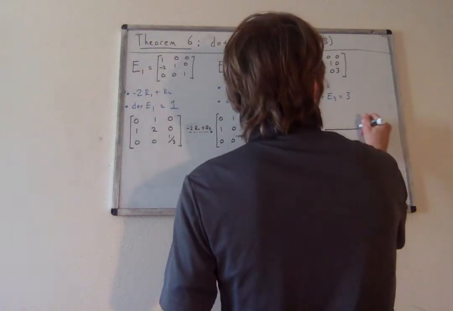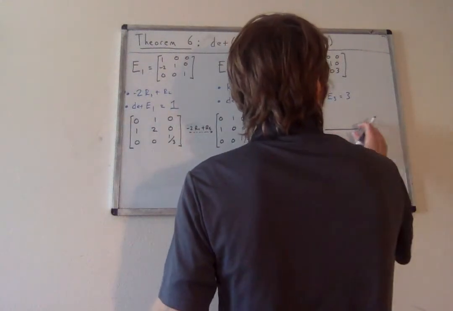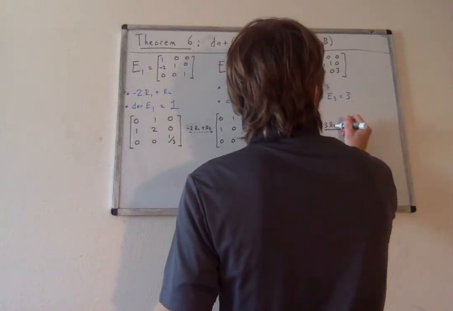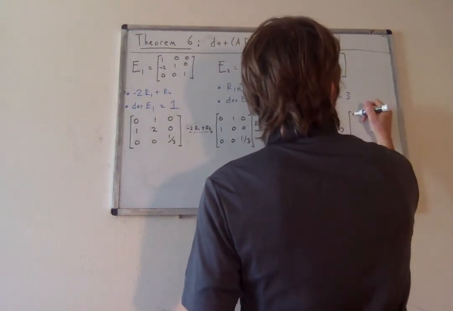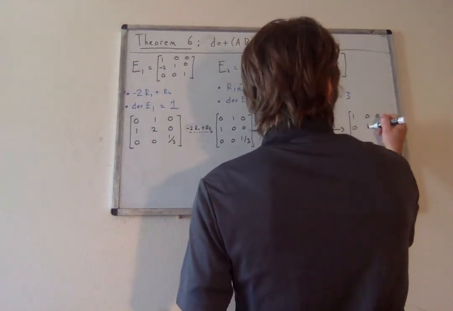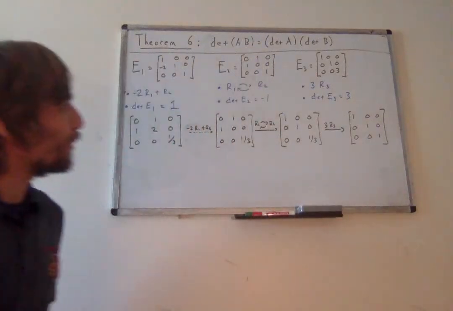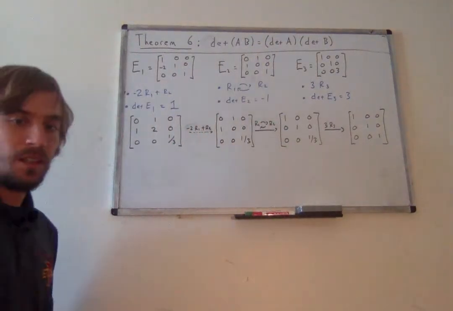And then I'm going to multiply 3 times row 3. And so, almost too conveniently, this matrix row reduces to the identity matrix.